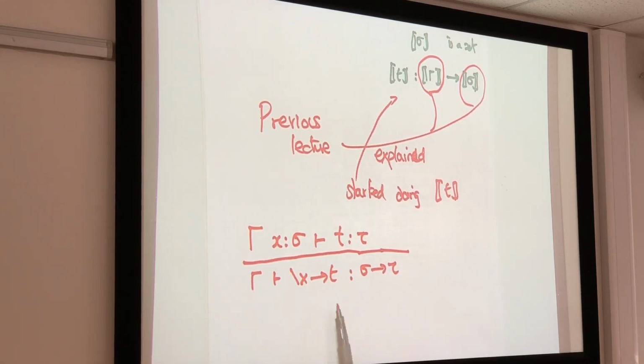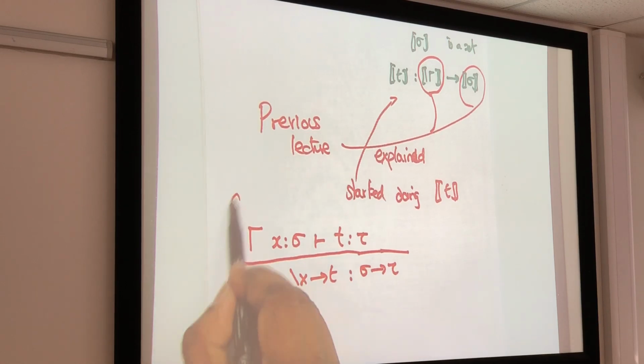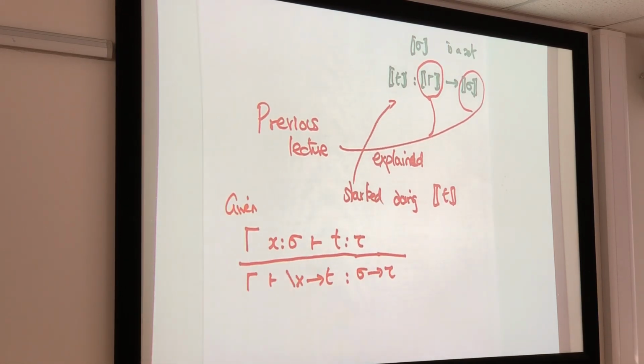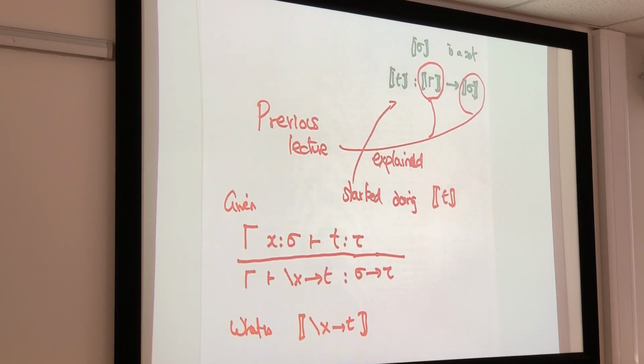In order to show that lambda x dot t has this type, you have to say, well, if x had the type sigma, then t will have type tau. So given this, the question is, what is that function?